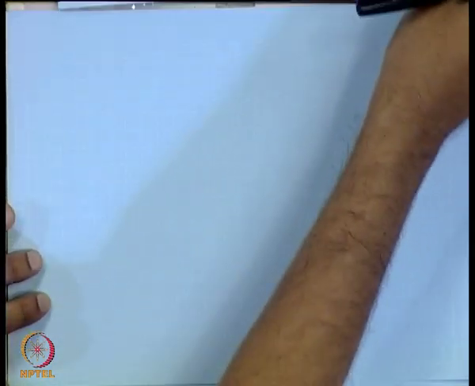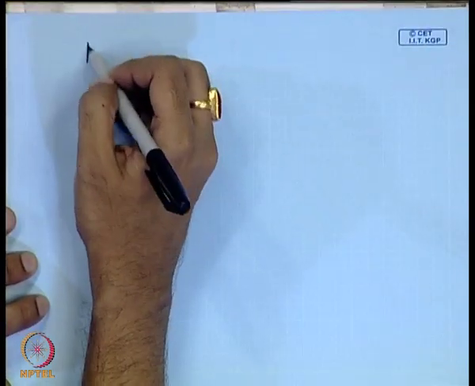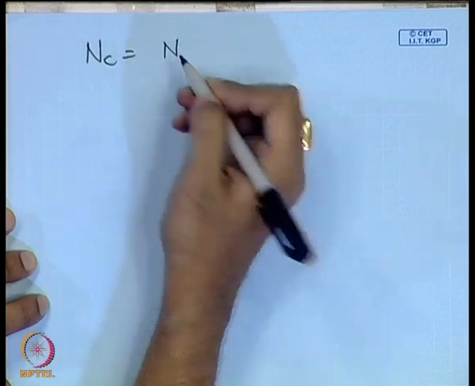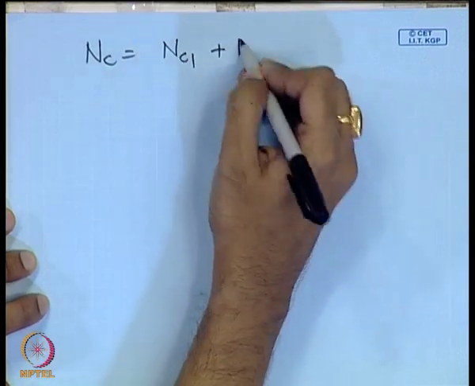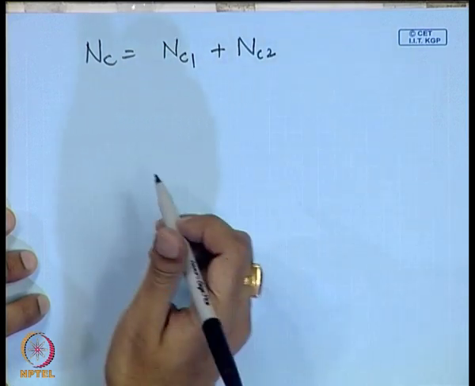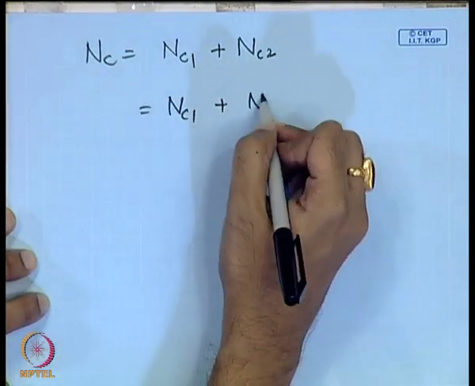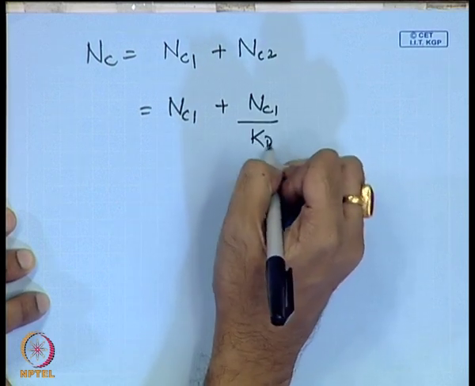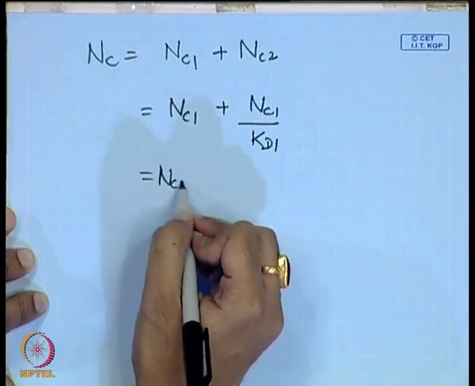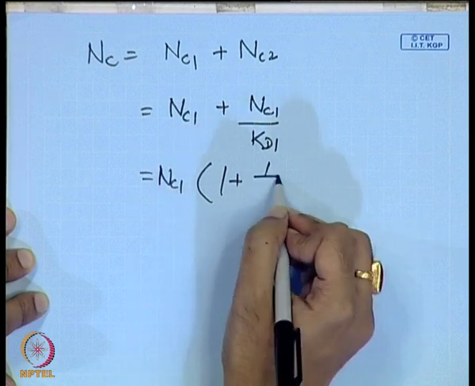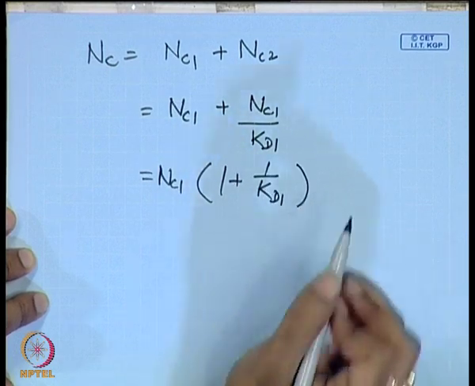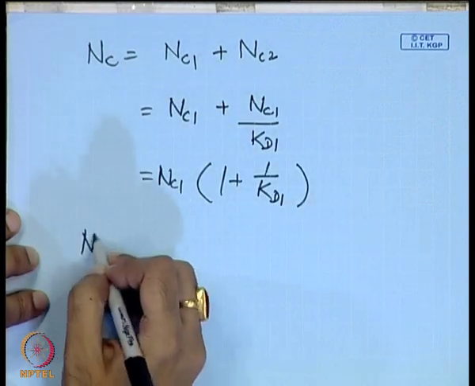Now, what is my NC? NC would be NC1 plus NC2, which means NC1 plus NC1 over KD1, that equals NC1 times (1 plus 1 over KD1). Now, what is my NRT?